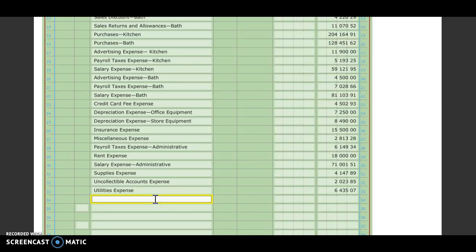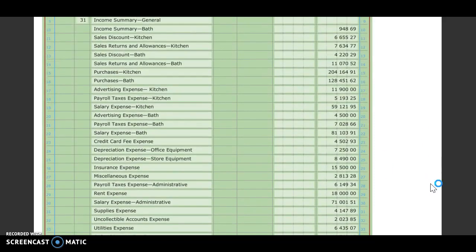And last expense is going to be my federal income tax expense, $14,749.15. Okay, so we have a lot that I need to add up.